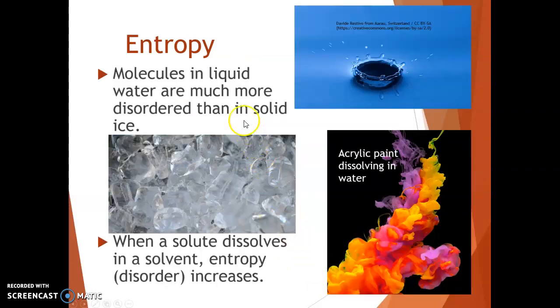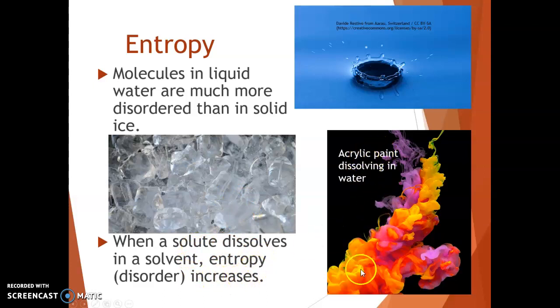Alright, so here's a few more examples. The molecules in liquid water are more disordered, have more degrees of freedom of motion, while the molecules in ice are in a crystalline arrangement. When solutes dissolve in a solvent, the entropy also increases.